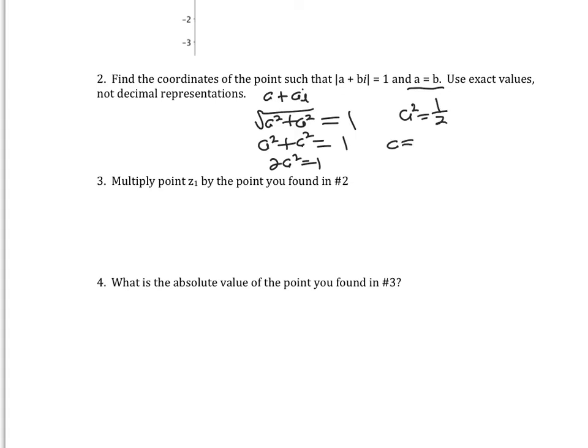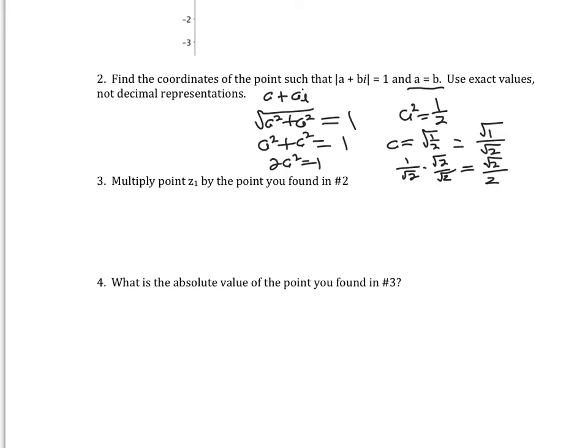A is equal to the square root of 1/2, which is also equal to 1 over the square root of 2, or multiplying top and bottom by root 2, we get square root of 2 over 2.